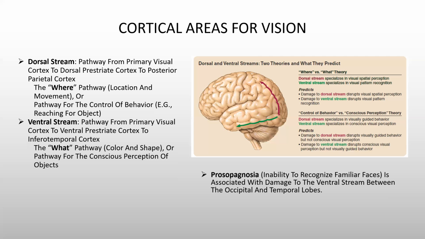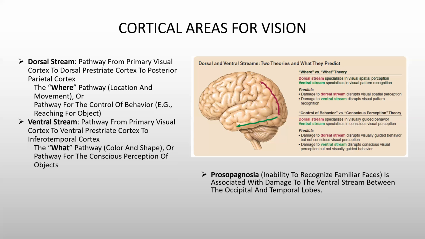Okay? The ventral stream is where the information leaves the primary visual cortex to the ventral, right? That's at the bottom, ventral pre-striate cortex, to the inferotemporal cortex. So inferior is going to be at the bottom of the temporal lobe, and that's the green line that you see there. And we believe that this is the what pathway, responsible for color and shape, or the pathway for the conscious perception of objects. And I put in here a term for you.